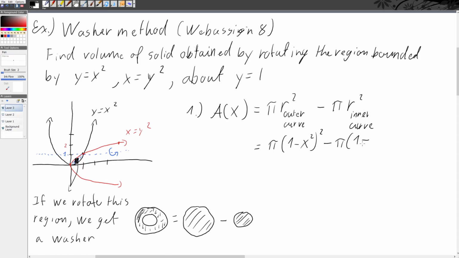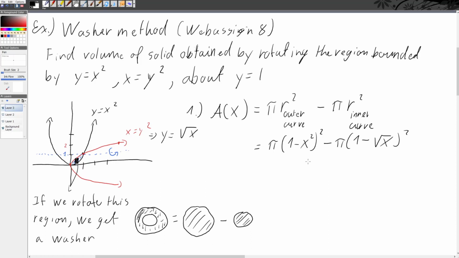1 minus, well, due to the fact that this is x with respect to y, we have to solve for y with respect to x. And again, we are taking the positive y because we're in the first quadrant. So 1 minus the square root of x, squared.